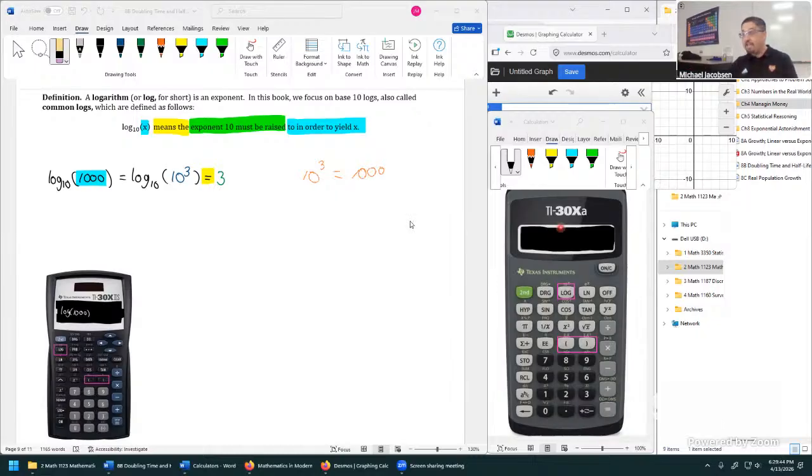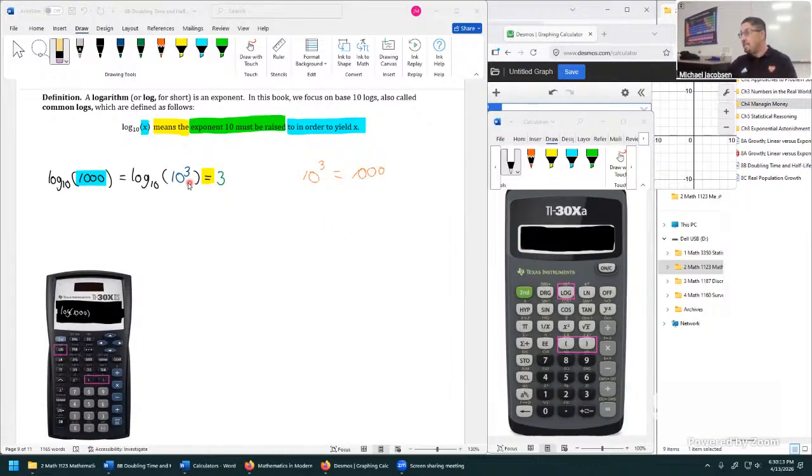In the TI-30XA, the way to get log base 10 of 1000 is first key in 1000, and after you have 1000 on the screen, then hit the log button. Let me put that to the test. So if you're using this calculator today, hit 1000, then you don't have to worry about the parentheses on this one. Immediately hit the log button and your screen will show a 3 right at that spot.